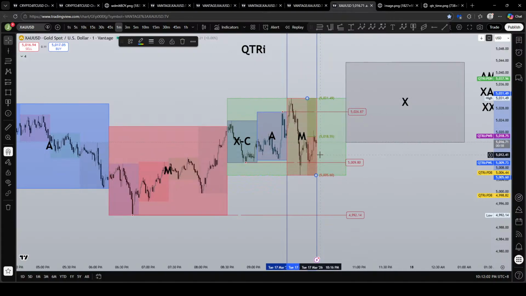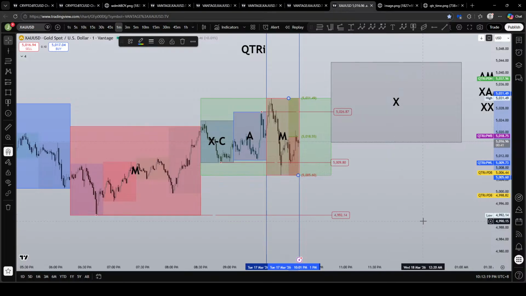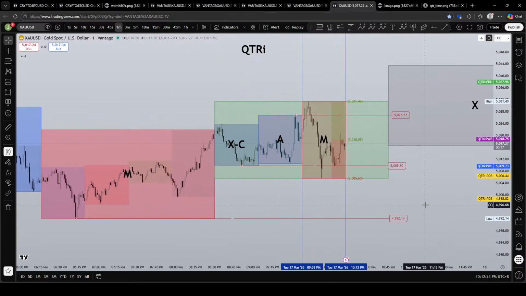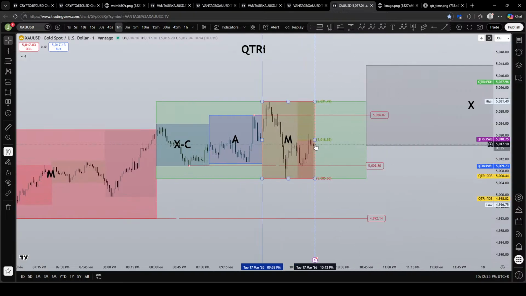And then after that, check the price action whether it is below the equilibrium of that subquarter QTRi or above the equilibrium of that subquarter QTRi. As of now, before the 10-12 closing, the price is below or within the equilibrium.